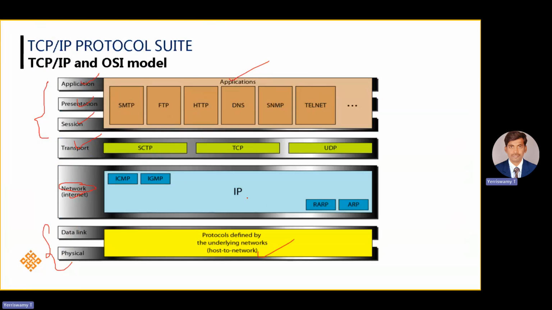In the network layer, we have IP, ARP, RARP, ICMP, and IGMP. And in the physical and data link layers, we don't have specific protocols, so they can be used for defining all the underlying networks. This part we will study in depth in the upcoming videos, all the functionalities of the data link layer.